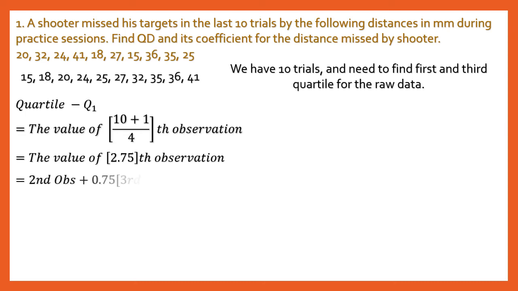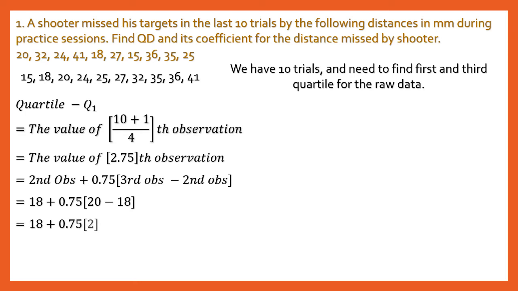So we have to use the formula: second observation plus 0.75 into bracket, third observation minus second observation. Now the second observation is 18, the third observation is 20. So 20 minus 18 will be 2, which we will multiply with 0.75 plus first. That would be 18 plus 1.5, and your first quartile will be 19.5 mm.